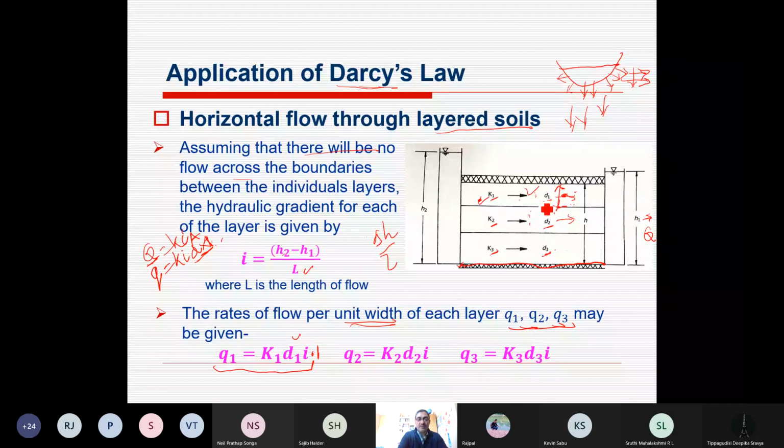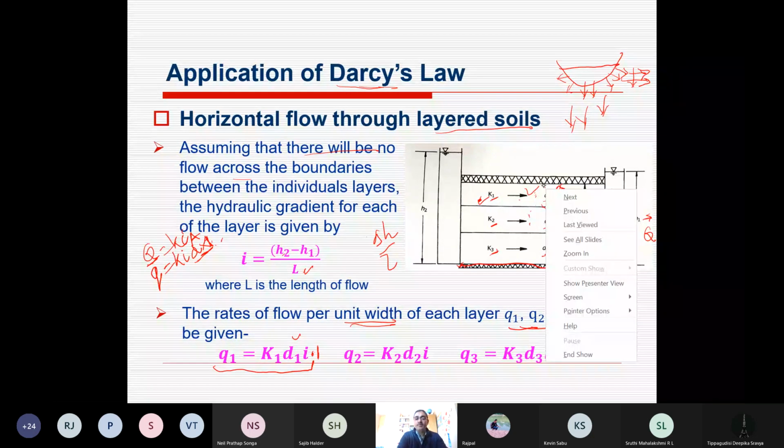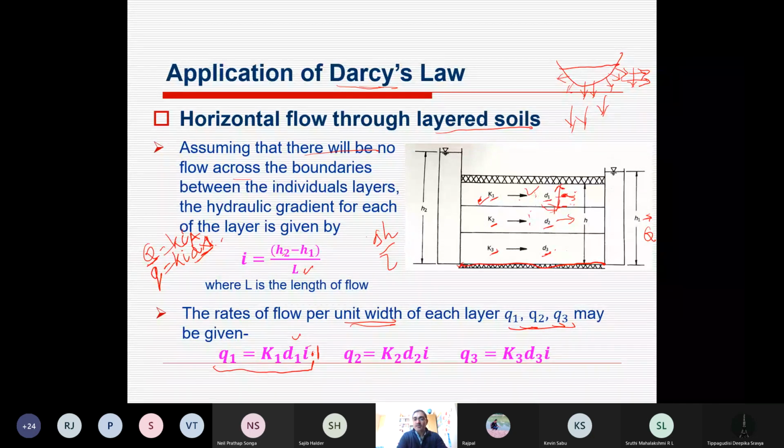We are simply considering the movement of water, or discharge, Q1 here. If there are more layers, in a practical example of a particular place you can have a number of layers of different depth, and you can find the flow per unit width for each layer.